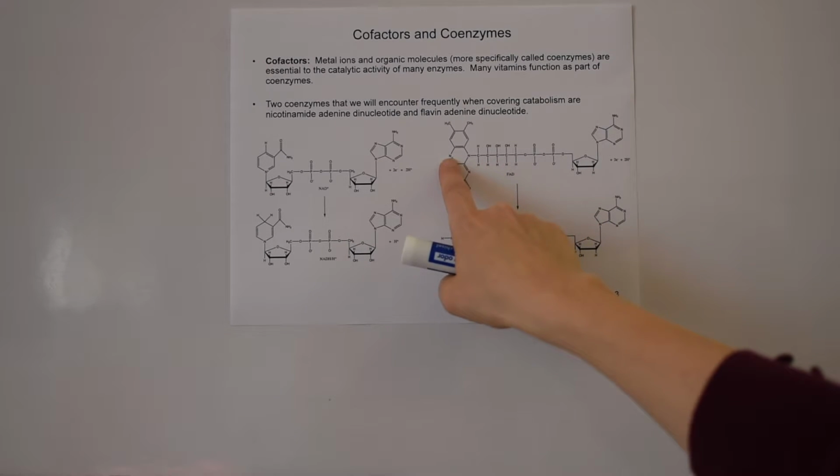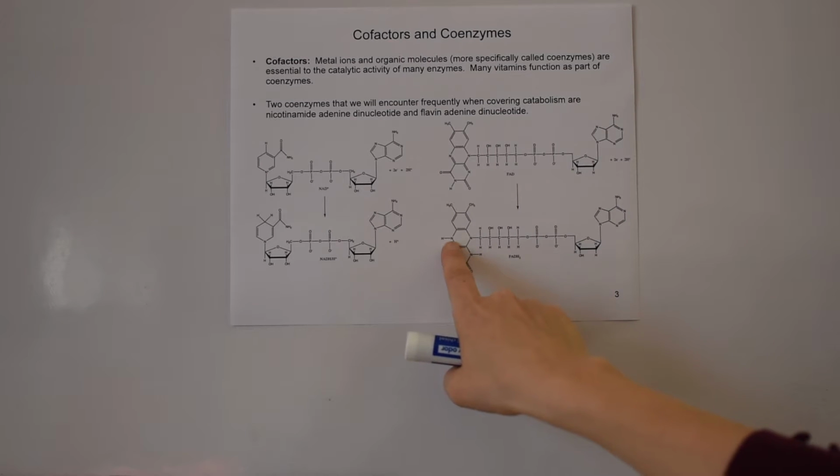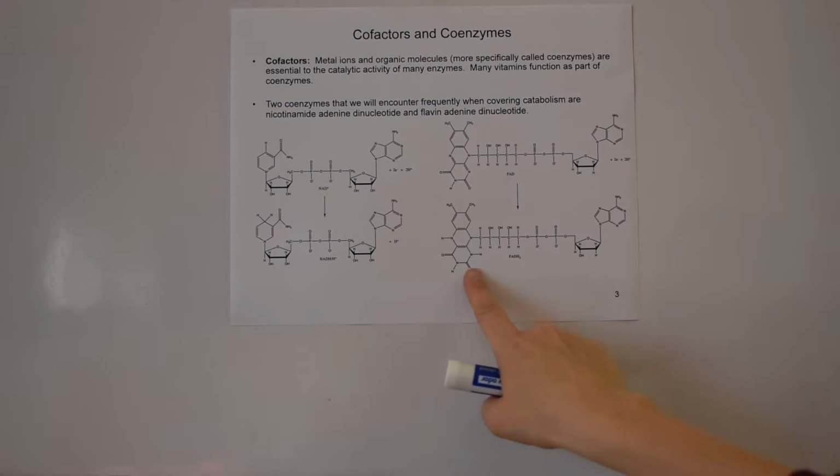And it too is the site of the reduction, where the 2 hydrogen and the 2 electrons add to give you the reduced form of a coenzyme, the FADH2. Okay, so again, we'll be seeing those coenzymes a lot, so I like to go ahead and show their structure, show the vitamin components to those structures, and show the site of the reduction.